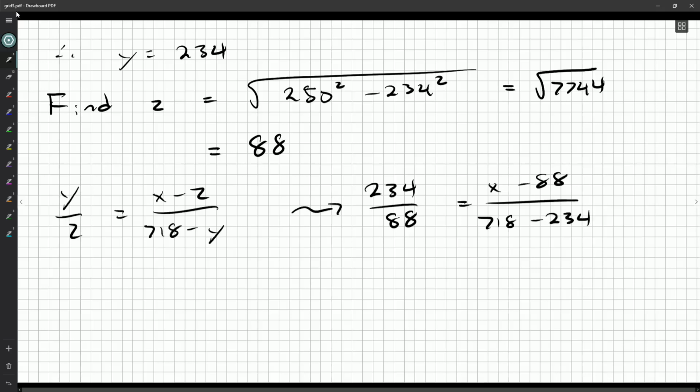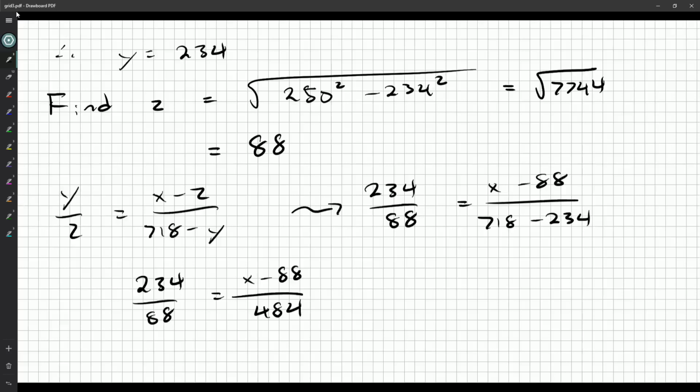Let's clean some of this up. So 718 minus 234, it was 484, I think. We just had it on the other page, didn't we? So 484. Multiply on both sides. Well, I think we could divide 234 by 8, maybe?